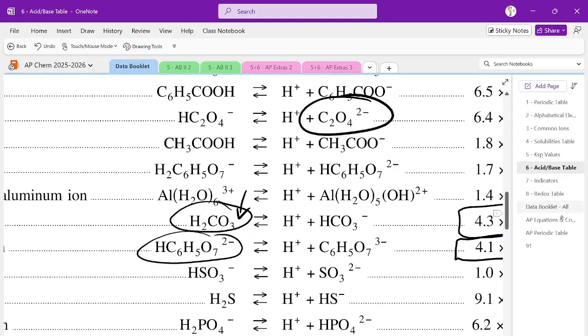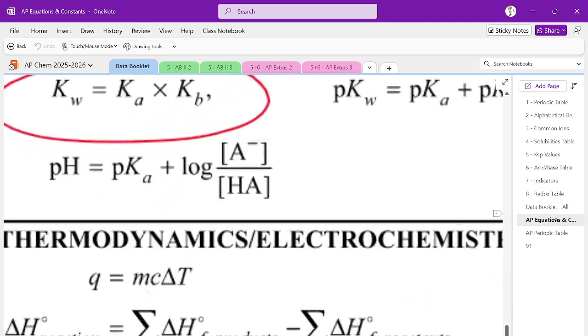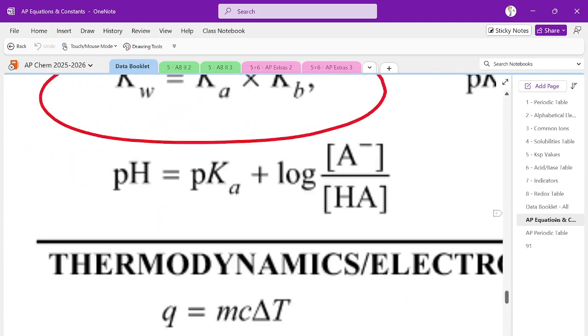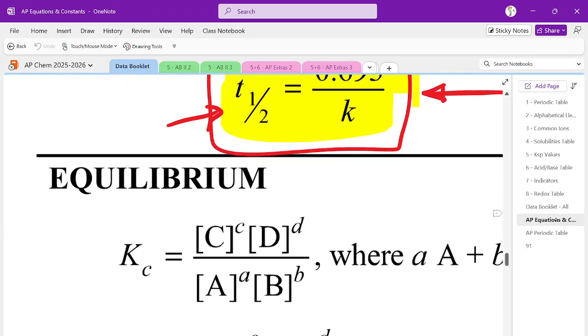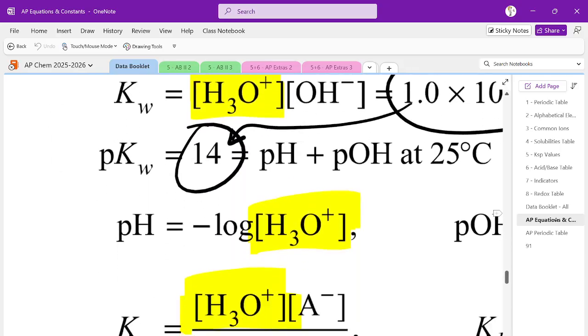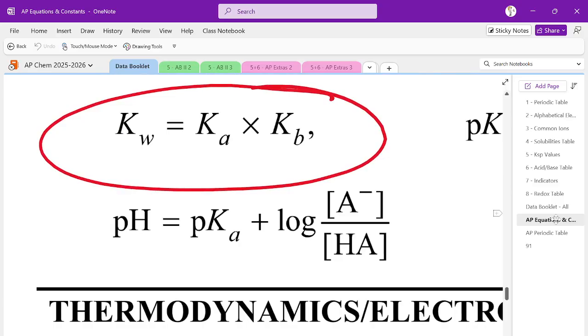AP data equations, AP equations. Look at that, up in equilibrium. It gives you pH is equal to pKa plus the log of aha. So that is given to you.